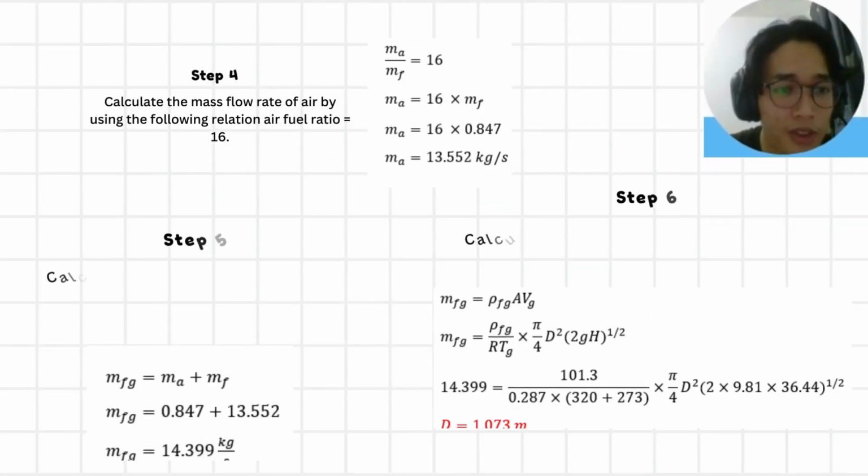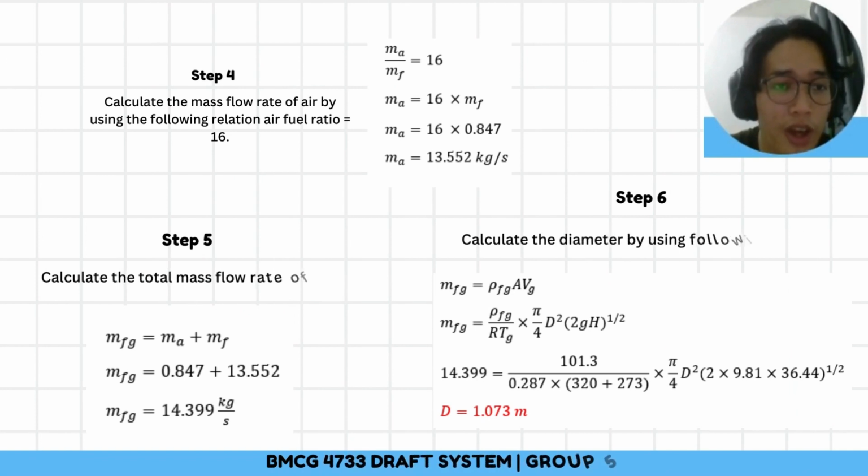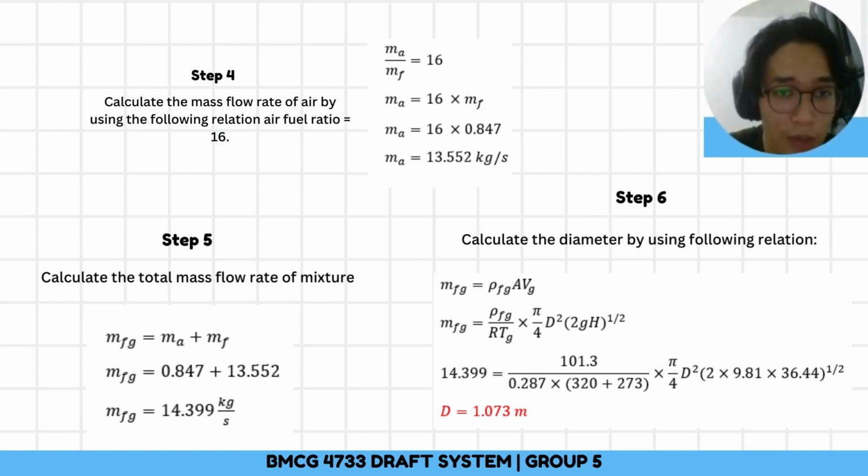And the next step is to calculate the mass flow rate of air by using the following relation: air fuel ratio equals 16, MA over MF equals 16, and thus we get mass air equals 13.552 kilograms per second. The next step is to calculate the total mass flow rate of the mixture using the formula MFG equals MA plus MF.